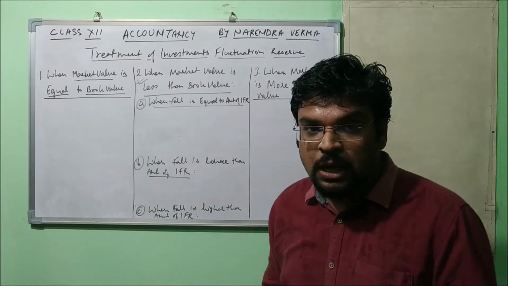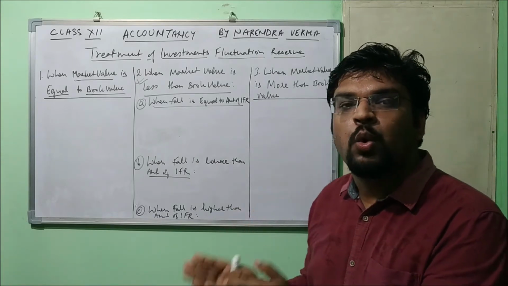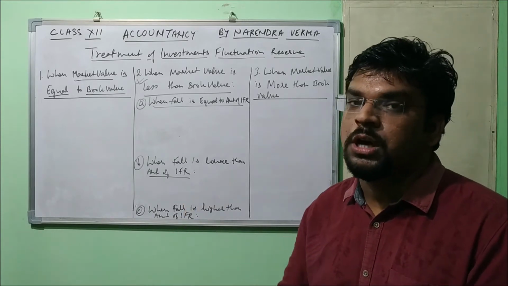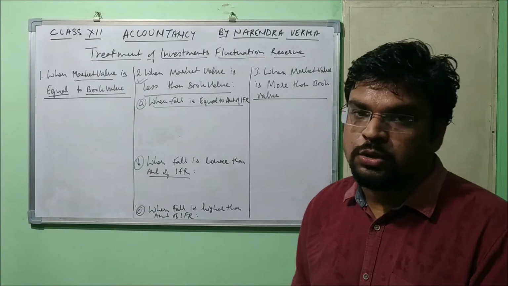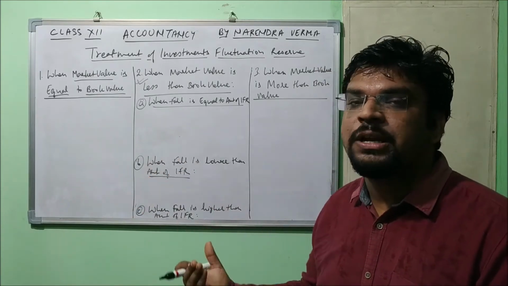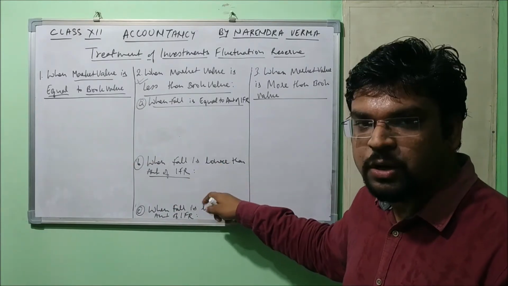That is possible. I give you the example that 1 lakh is the book value and 80,000 is the market value, and we have maintained reserve of 20,000. Say for example, we have maintained reserve of 30,000. Okay, so in that case, reserve is 30,000 and the fall is 20,000. Means it is lower than the amount of IFR. So this is the case.